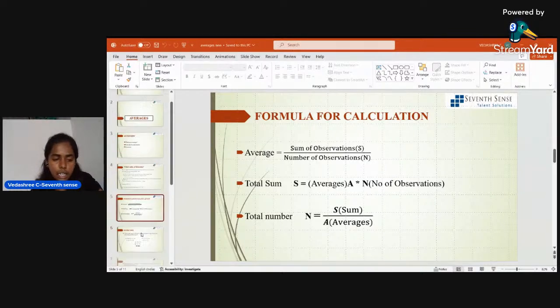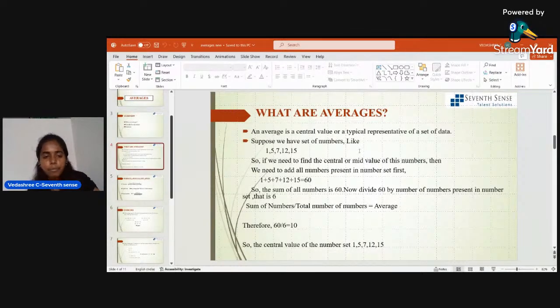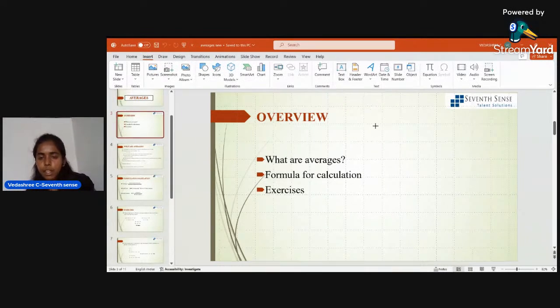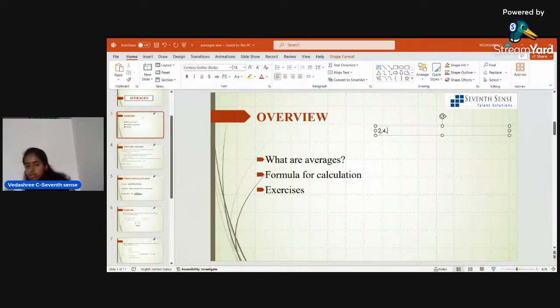Suppose we have a set of continuous even numbers or continuous odd numbers. For example, 2, 4, 6, 8, 10.